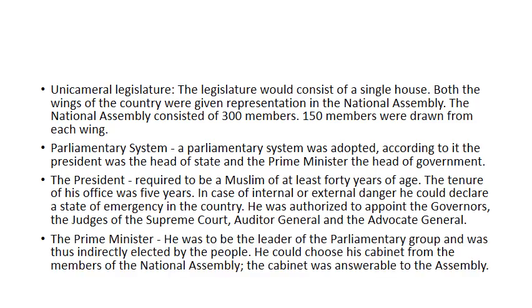And the prime minister was to be the leader of the parliamentary group and was thus indirectly elected by the people. He could choose his cabinet from the members of the National Assembly, and the cabinet was answerable to the assembly. So the prime minister, who was the head of the government, was the leader of the house and the leader of the parliamentary group, and he was indirectly elected by the people.